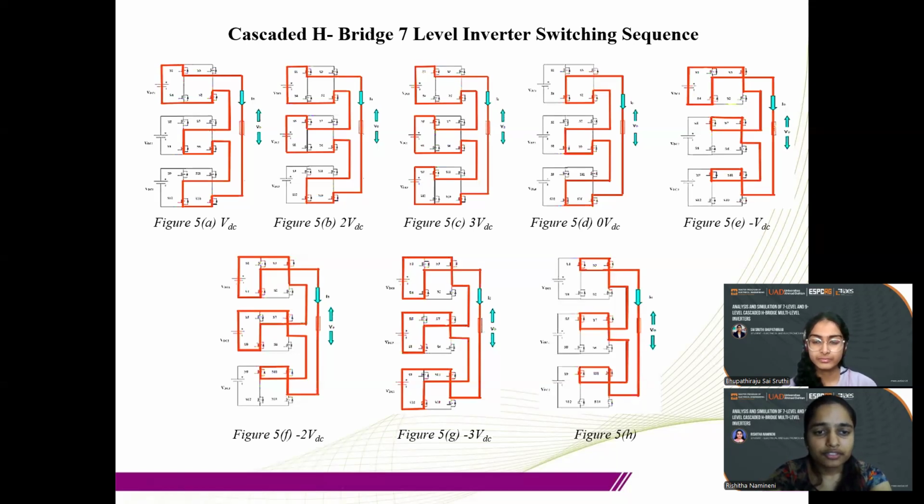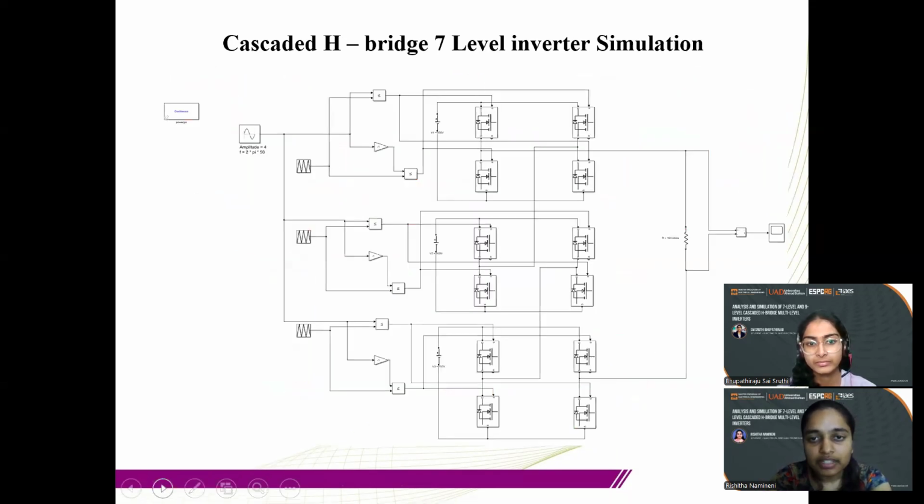The figures 5A to 5H represent various working modes of the 7-level multi-level inverter through which various levels of voltages are produced. And figure 6 represents the output voltage waveform of the 7 level multi-level inverter.